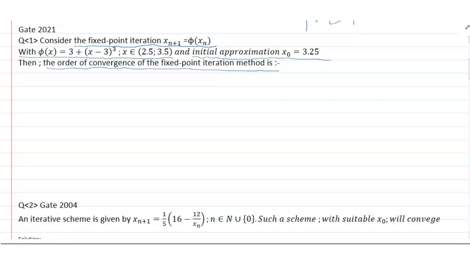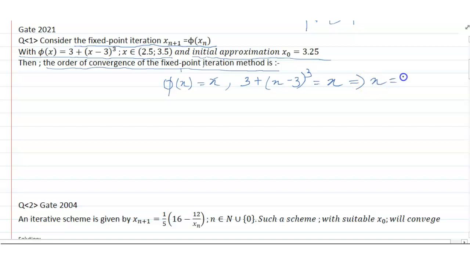I can solve it an easy way: φ(x) = x, so 3 + (x − 3)³ = x, which implies x = 3.